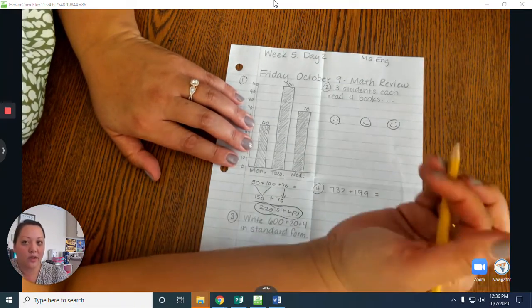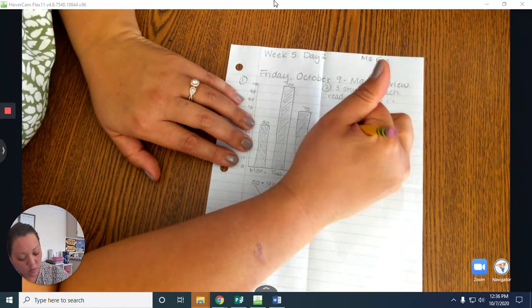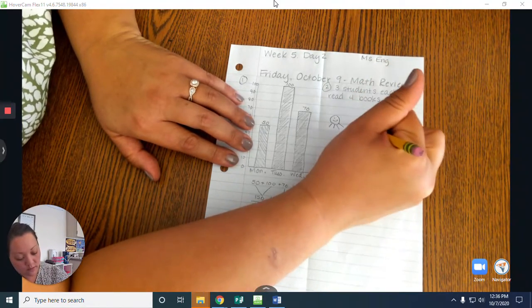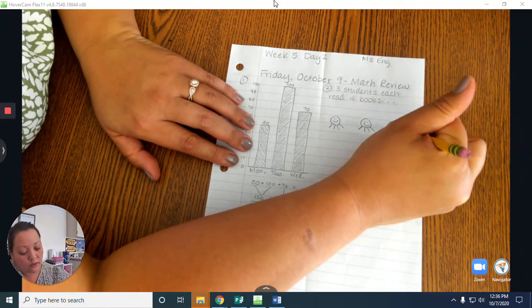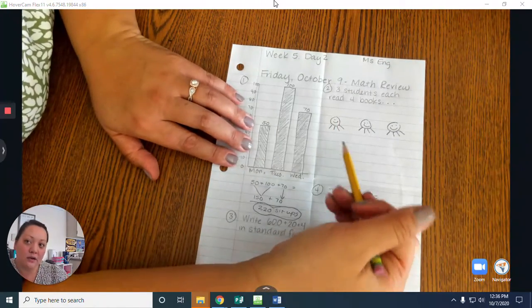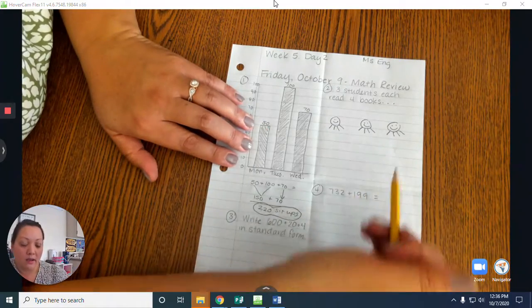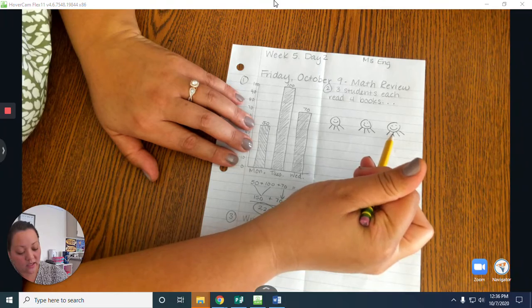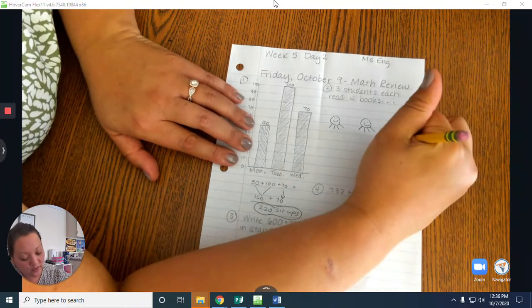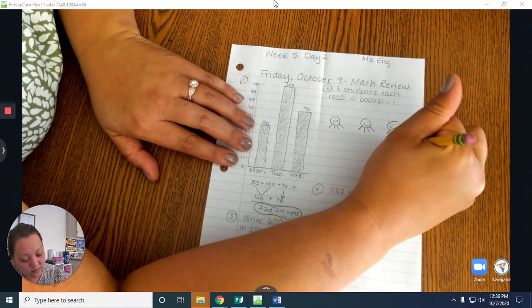And they each read 4 books. So I'm going to go 1, 2, 3, 4, 1, 2, 3, 4, 1, 2, 3, 4. And I can count these now because I've drawn out my math problem. 1, 2, 3, 4, 5, 6, 7, 8, 9, 10, 11, 12. So they read 12 books.